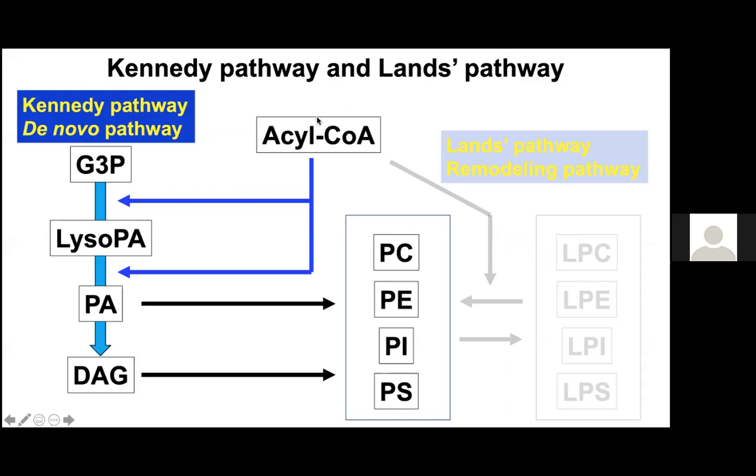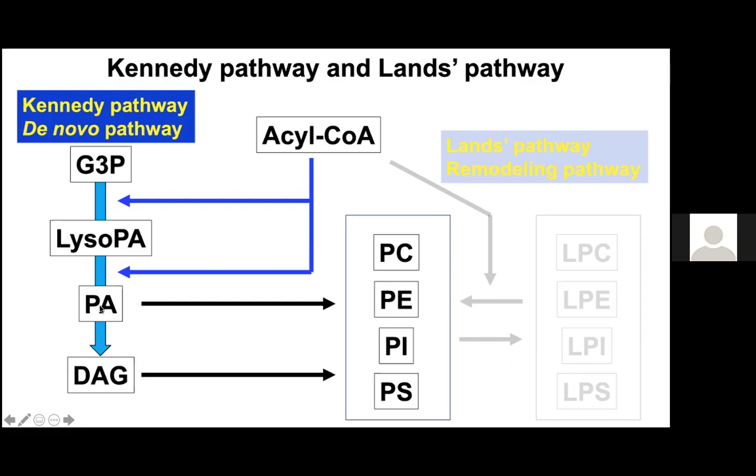In this pathway, glycerol 3-phosphate, G3P, derived from sugar metabolism, undergoes a 2-step acyl transfer reaction to convert it to phosphatidic acid, PA.